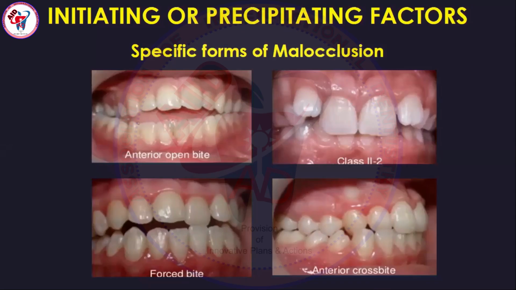All types of malocclusion. Yesterday I was listening to a webinar given by our very respected president of ICD, Dr. How Chan, regarding clear liners, and he was discussing malocclusion.